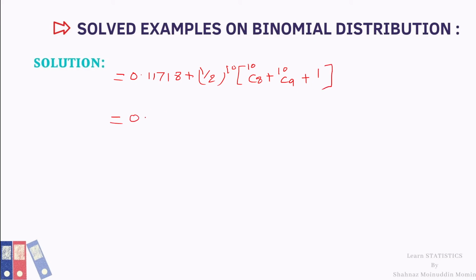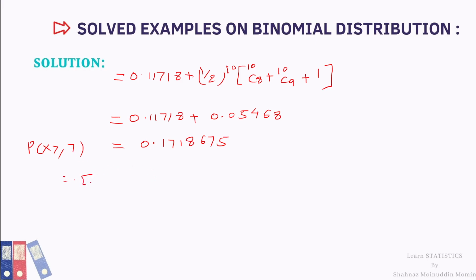By simplifying it with the help of a calculator, we get 1 by 2 raised to 10 into the bracket, which is 0.05468, and by adding these two terms we get 0.1718675. This is the probability of at least 7 heads, X greater than or equal to 7.